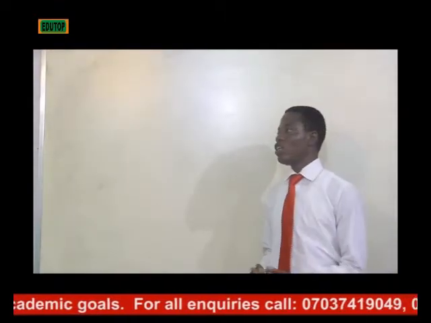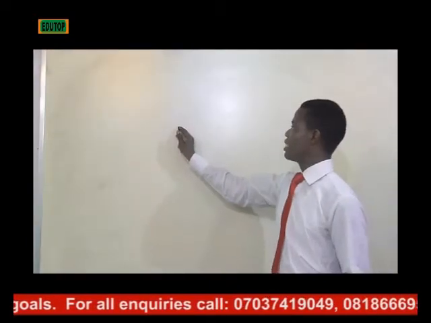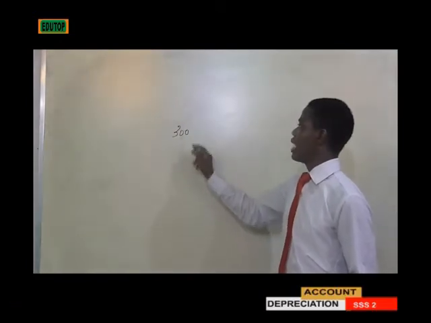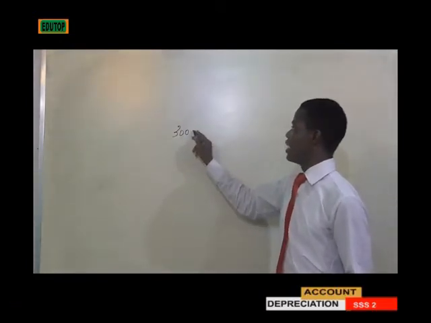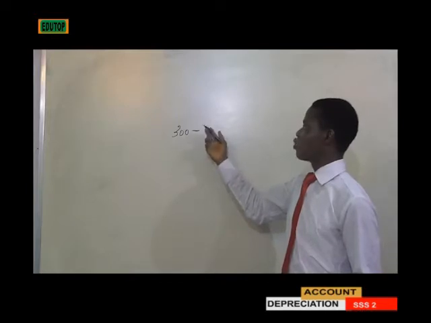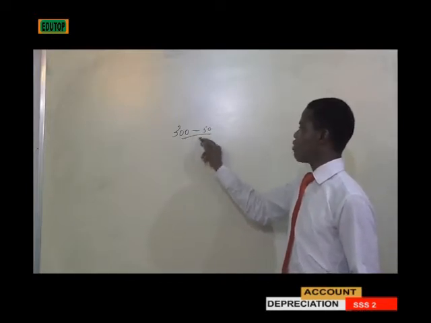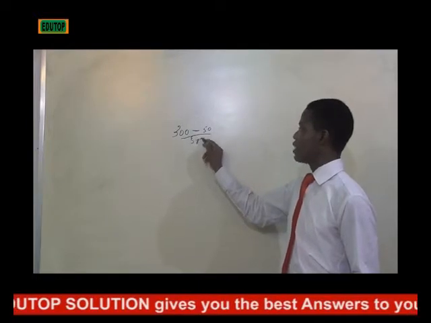So before we go to the illustration, let's assume an asset cost 300, and at the end of the day the scrap value to be disposed of is 50 naira, and the useful life of that asset is 5 years.